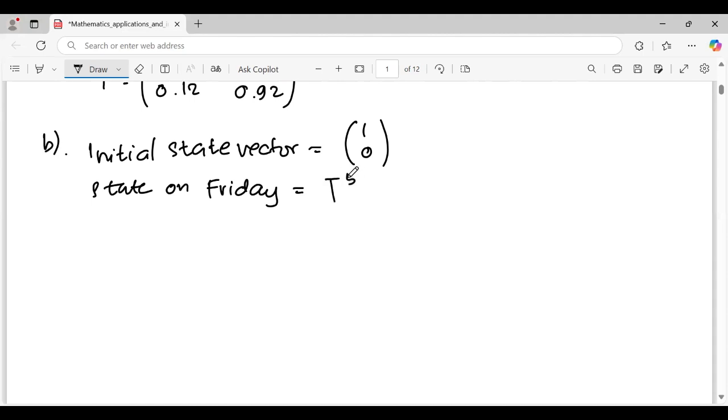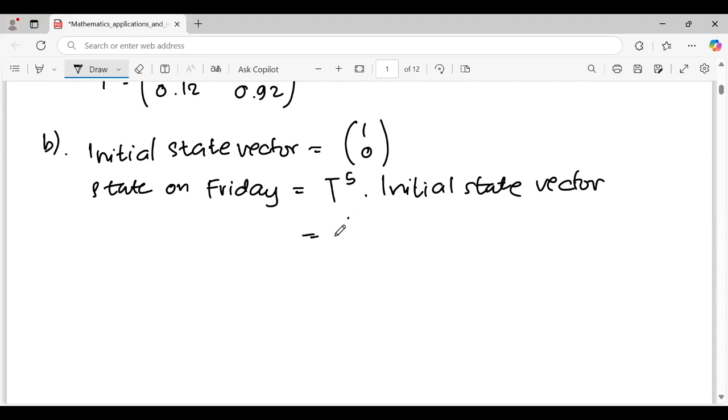It means T to the power 5, multiplied by the initial state vector.